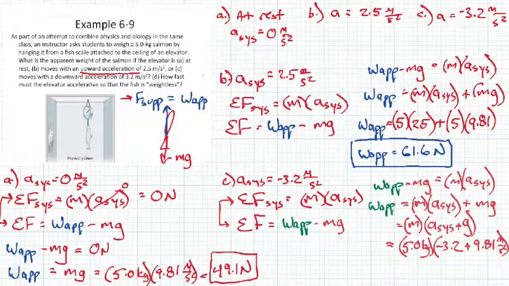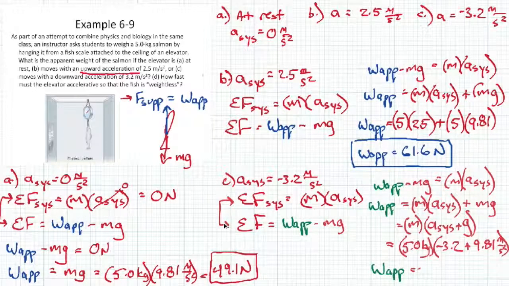So let's see what our apparent weight is now. What is the apparent weight in part C? 5 times the sum of negative 3.2 plus 9.81. 33.1.